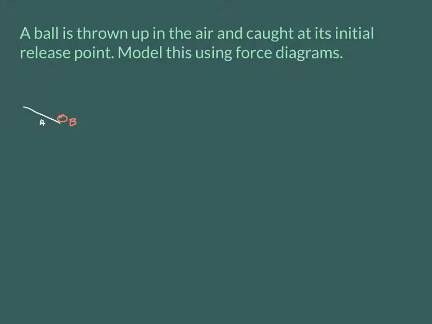Let's say you just kind of flip it real quick, just wrist motion only. Then the hand would move through that, and the ball would go up, reach a high point, and then come back down and be caught at that initial release point. So just a simple wrist flip of a ball.